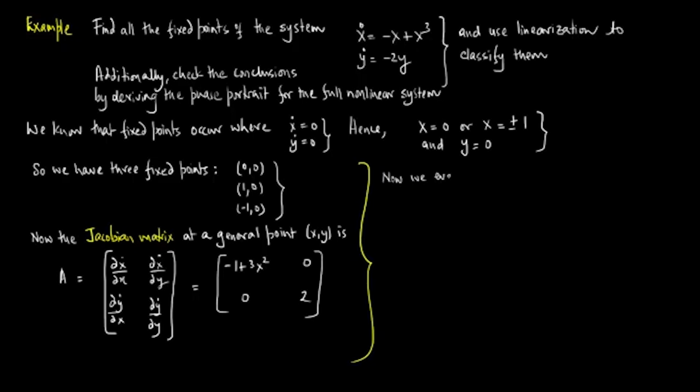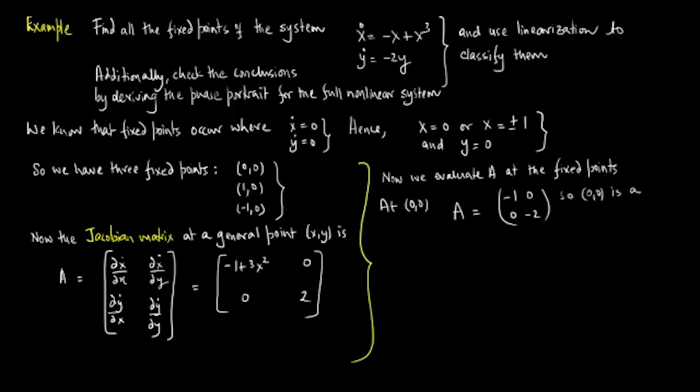Now we evaluate A at the fixed points. At (0, 0), A is equal to (minus 1, 0; 0, minus 2), and so (0, 0) is a stable node.